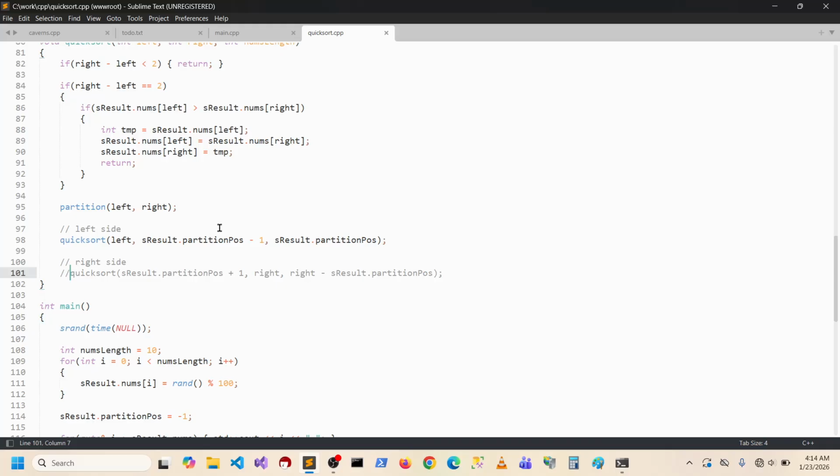Let's go ahead and do this, because the left side is still going to need the right side to properly do that. I thought I did that last time. I'm wondering if this is partition position instead of +1.